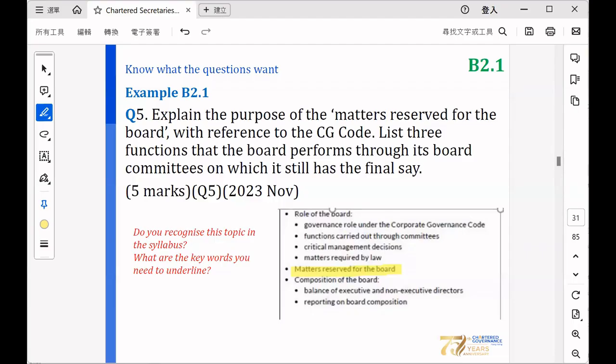So you must mention the CG Code in the answer, and these three functions that the board can perform through the committees, but it still has the final say. Again, try to take 1 minute and think about how to answer this question, what you will write down in terms of the functions.